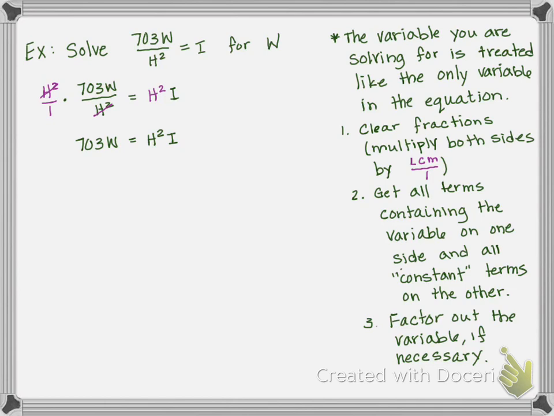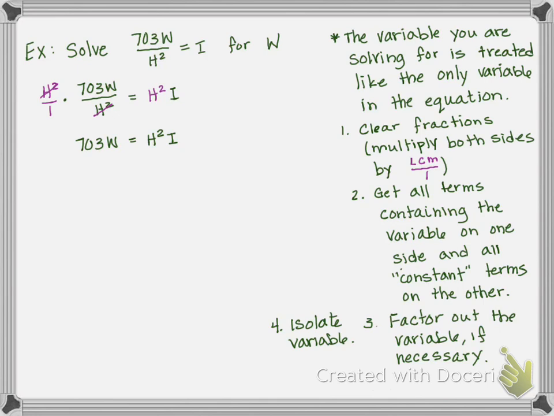And then the last thing is just to isolate the variable, which we do just by dividing both sides by anything our variable is being multiplied by.